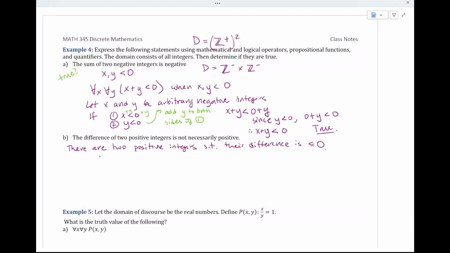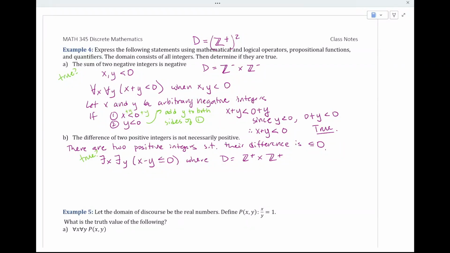So what I'm saying is there exists an x and there exists a y such that x minus y, their difference, is less than or equal to 0, where my domain of discourse is Z plus cross Z plus, two positive integers. So there exist two numbers that when I take their difference, I'll get something that's either 0 or less than 0. Well, that seems like that's totally true.